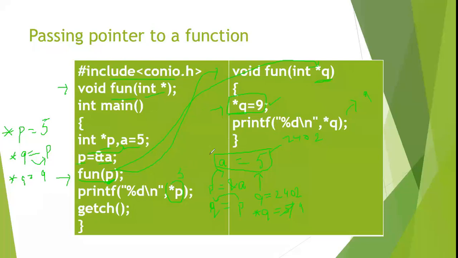Yes, it will be 9. Why? Because my q has replaced 5 by 9 and p is pointing to a. So a is now, instead of 5, 9. So the value of *p will be 9. Good that you are clear about this topic.